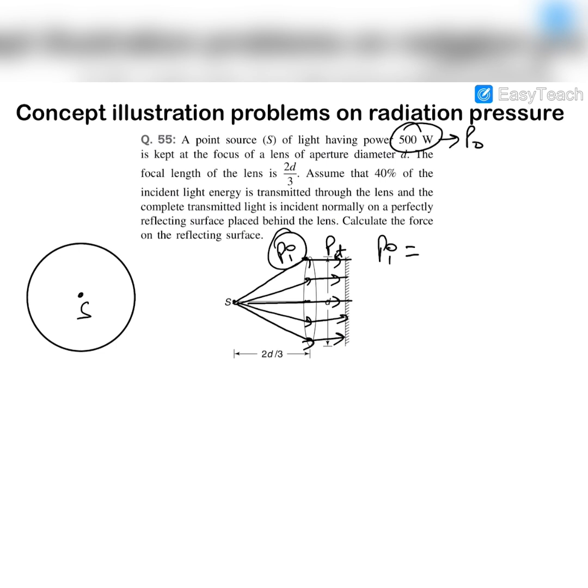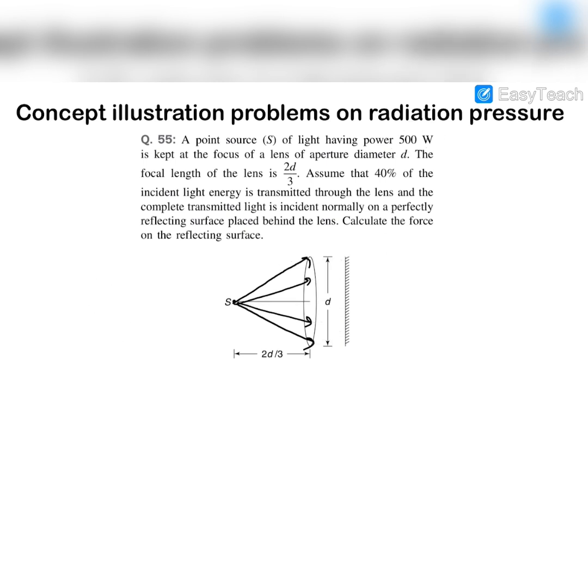So if we find out the power in this area only, we have to use the solid angle analogy. Therefore, to find the solid angle, first of all let us draw this cone. This is the cone. If this angle is theta, you can see that this distance is, let's suppose, r, and r will be equal to under root of 4d square by 9 plus d square by 4.